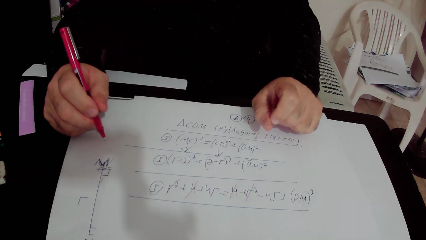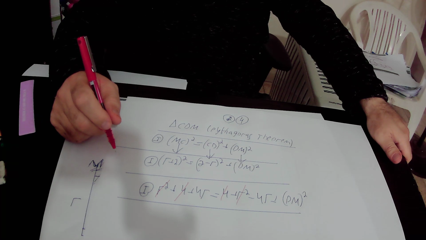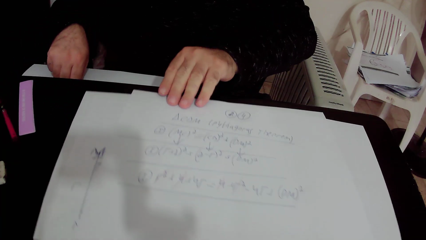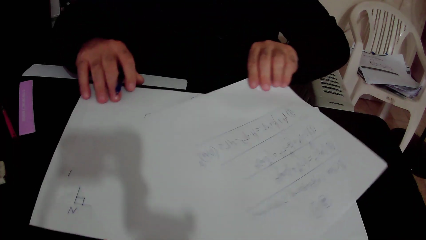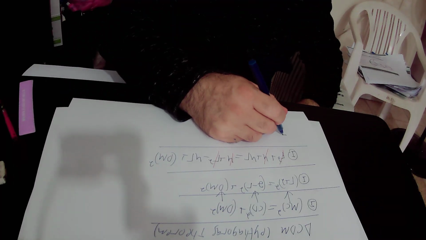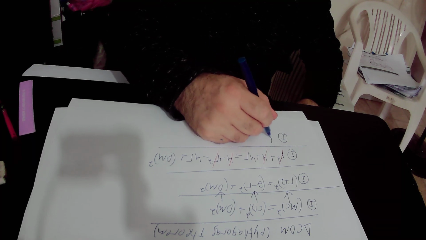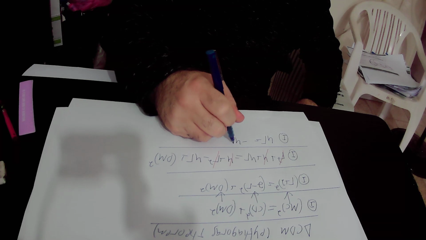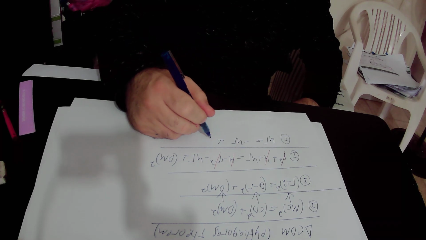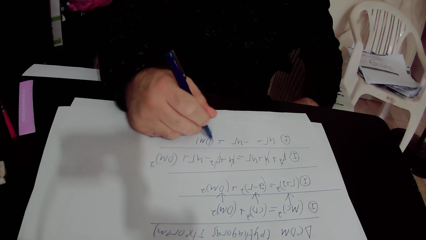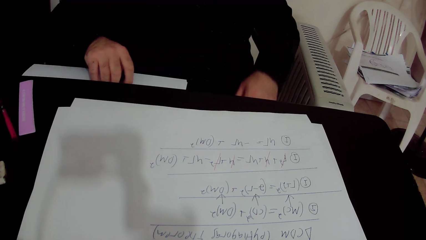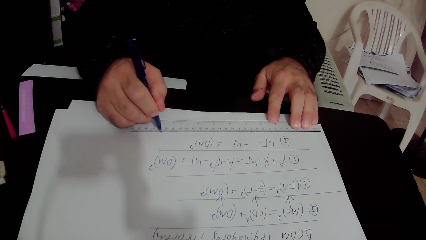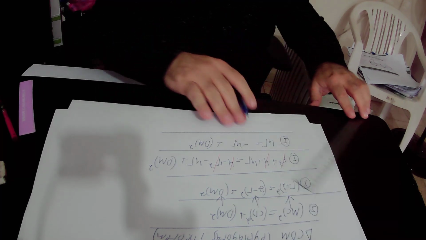And what is left after we cancelled those expressions? What is left from equation number 1 is that 4R equals minus 4R plus DM squared. So here we will add 4R to this equation.